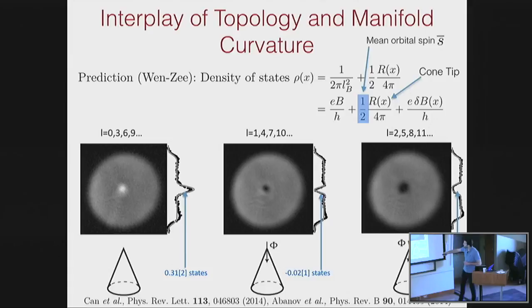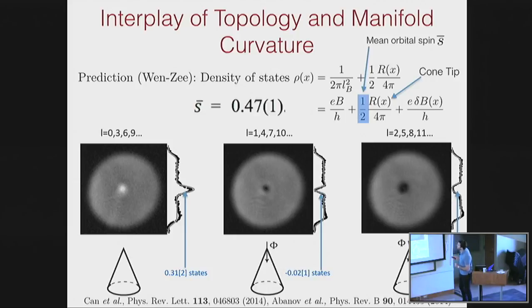Because the basic point is the difference in density of states at the cone tip actually comes from a third or 2/3 of a flux quantum threaded through that tip. Okay? So if you could take a state that lived on this cone and adiabatically transfer it from one to the next and back to the first, that would correspond to threading a unit of flux through the system.